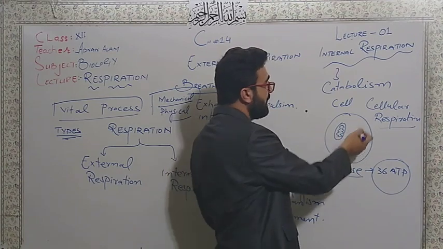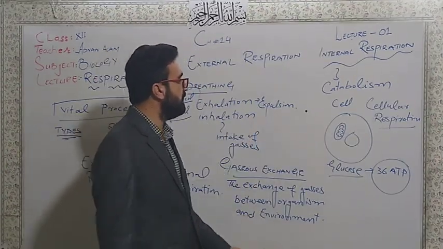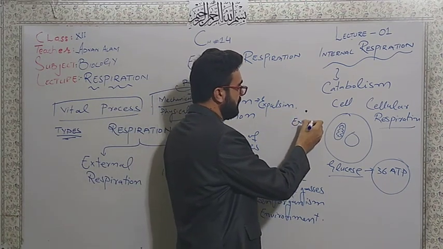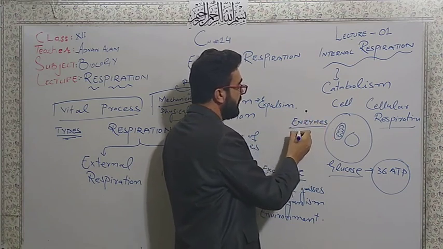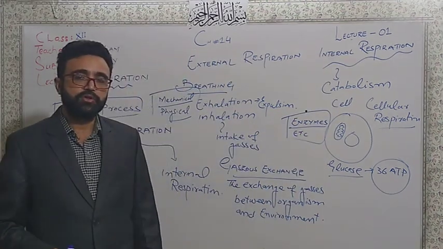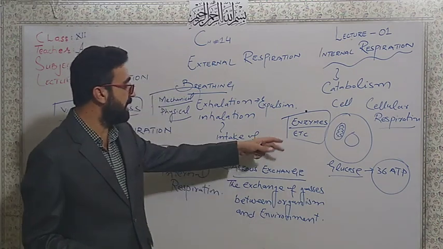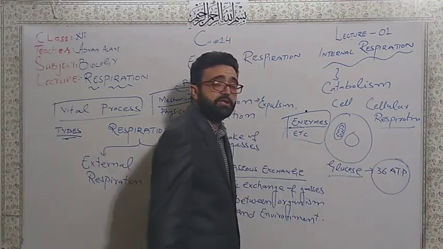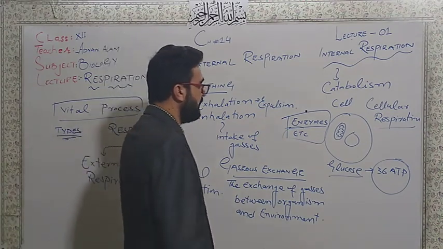So it is an energy obtaining process which is totally a chemical process in which enzymes are involved and the electron transport chain is involved, in which movement of electrons produces gradients through chemiosmosis. Then these gradients help us to produce ATP, which is the currency of energy, by which we can obtain energy.